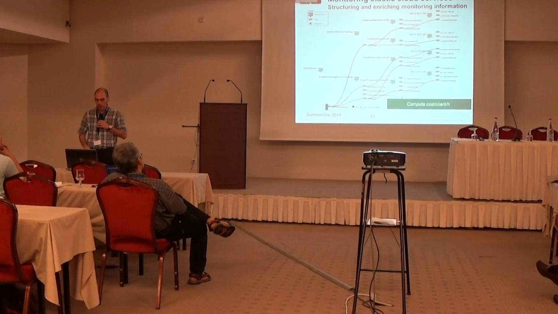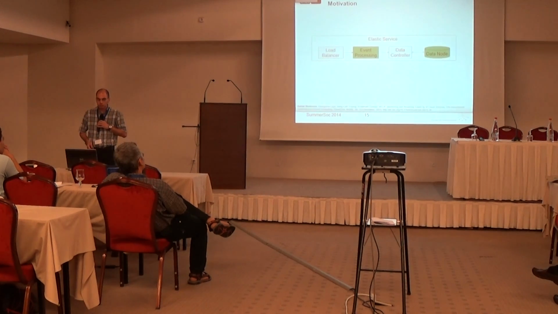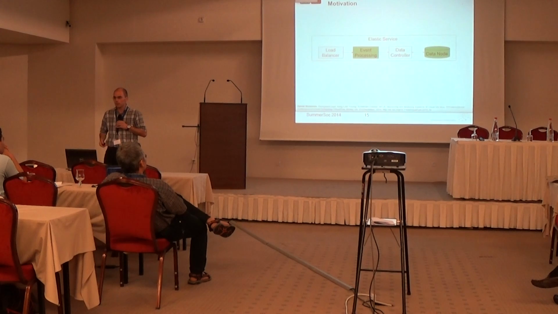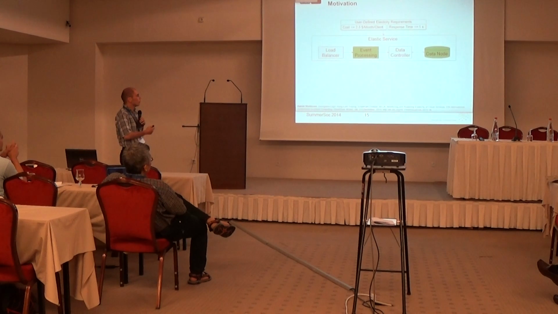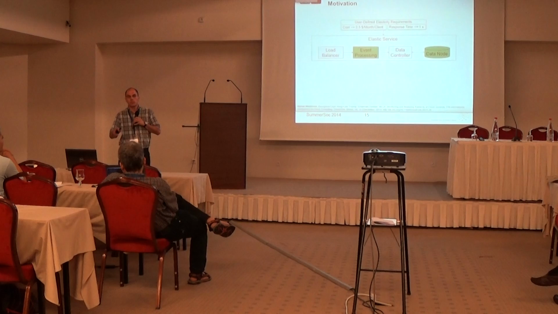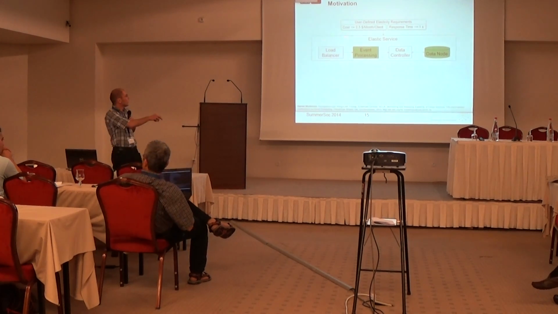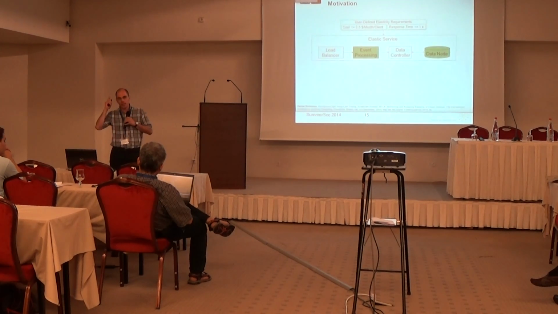Now, after we have this, it's nice, but now there is another problem. The problem with requirements. Given that I have an elastic service, and an owner of an elastic service wants to deploy it and control it, and he knows these two requirements. A response time of 1 second, it's usually standard accepted, and it has some predefined pricing scheme.